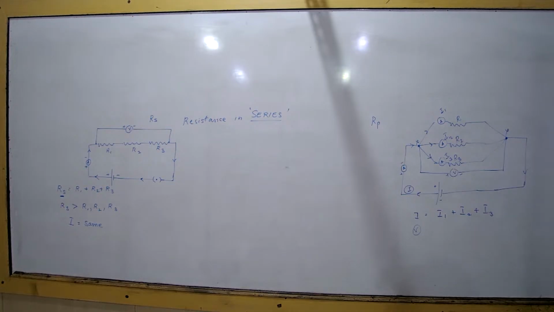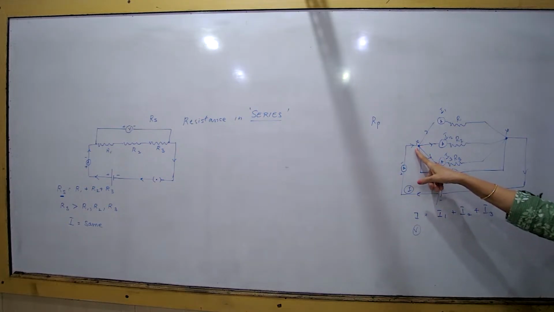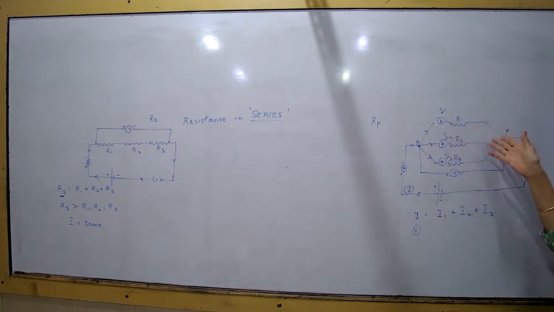Resistors in parallel. When three resistors are connected together between points, I have taken the letters x and y, with reference to the figure I'm telling you.